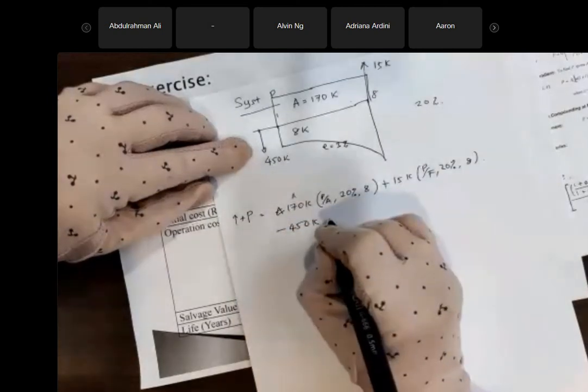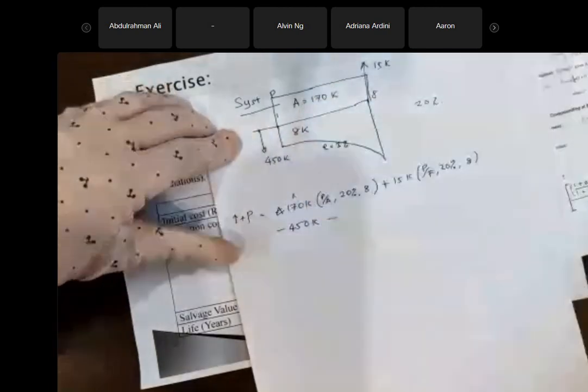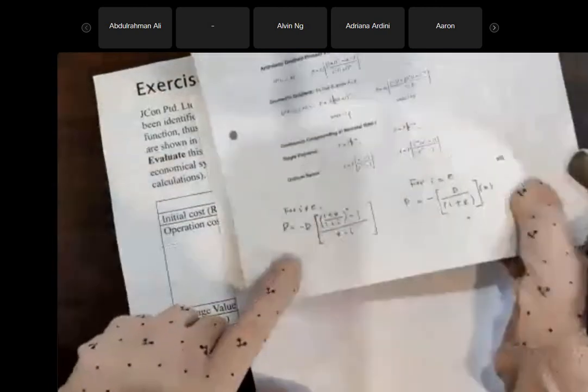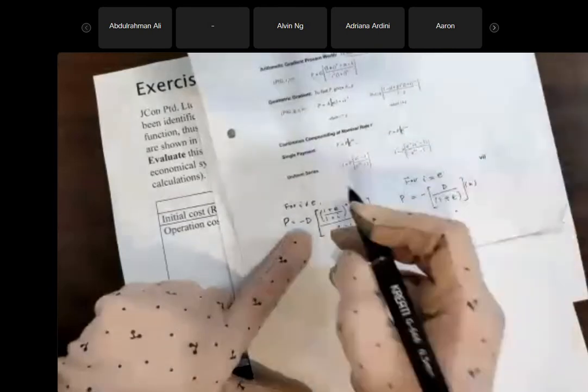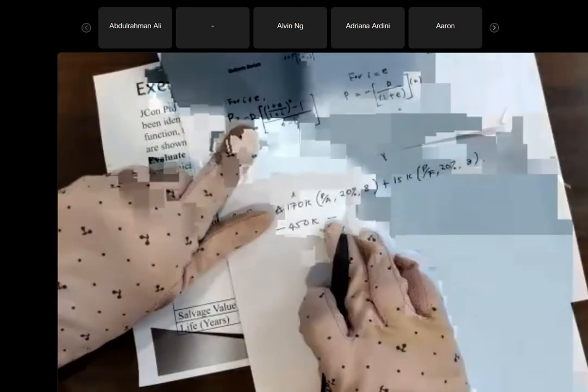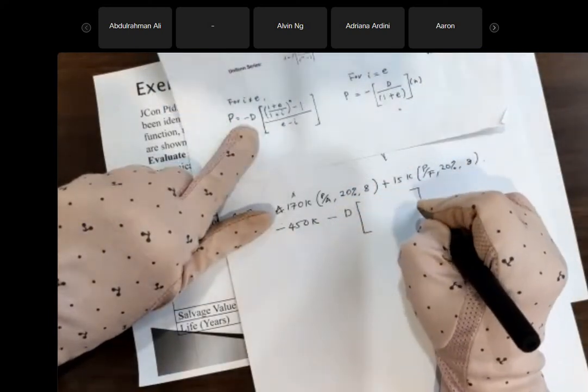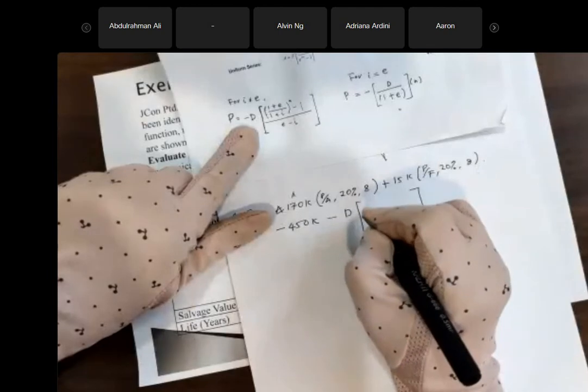Then minus again. This one is about E, so what is the formula for E? This is E, so it is already negative. Now D, there is none in the table, so you have to calculate.